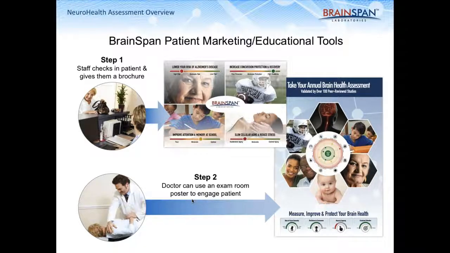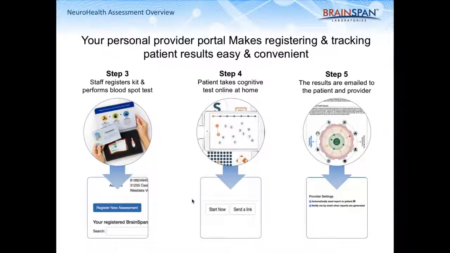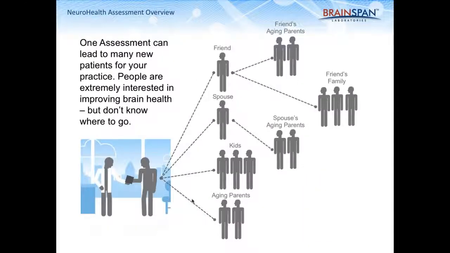Use the marketing materials for those different steps. I know some of our marketing materials have been updated since these slides, but again, use the posters during phase 2, use some of the materials in step 1, and then again, use the power of that web portal, your back office for Brainspan, to really help out.